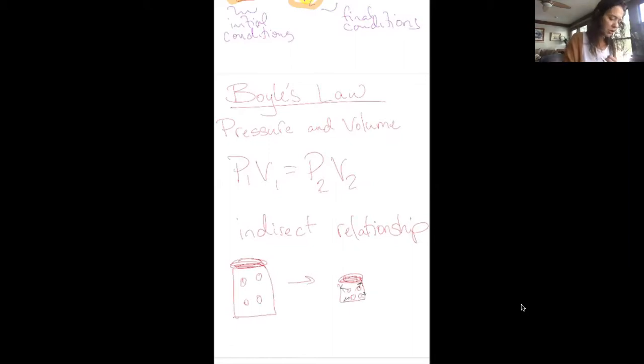And the more collisions you have, the greater that pressure is, the more force you have. So this is going to have a greater pressure due to the smaller volume. And that is an indirect relationship, right? As one goes up, the other goes down.